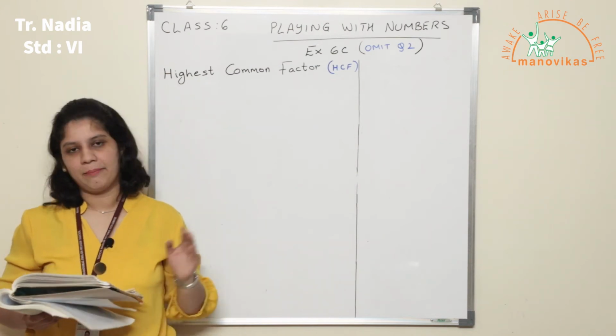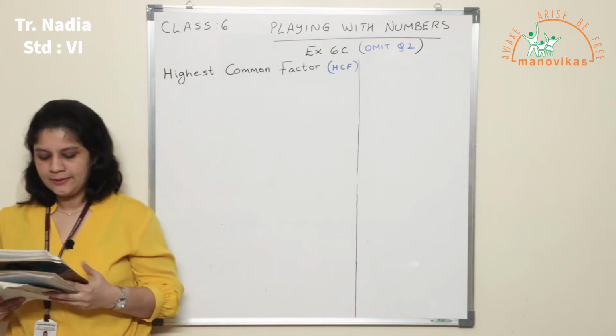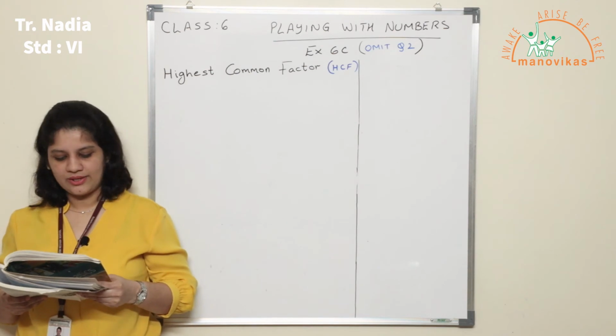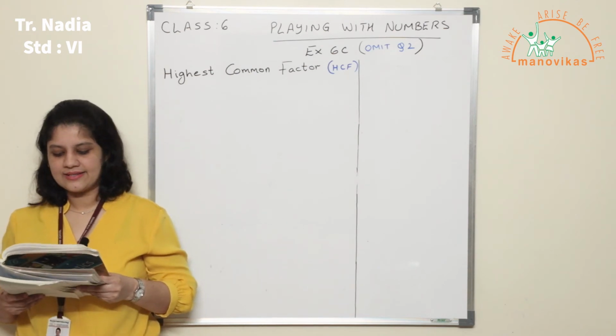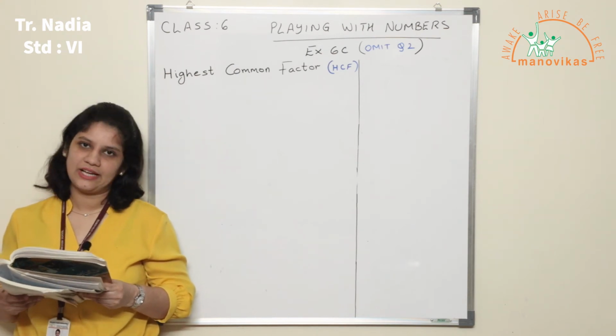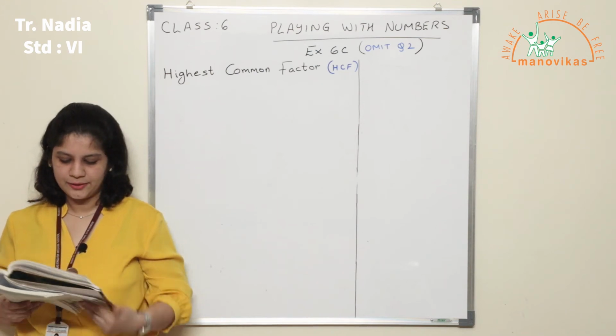Find the greatest number that exactly divides means nothing else but the HCF. So in question 3 also you have to find the HCF. Similarly in question 4, find the greatest number that exactly divides 306, 450 and 540. Again it means the same thing, find the HCF.